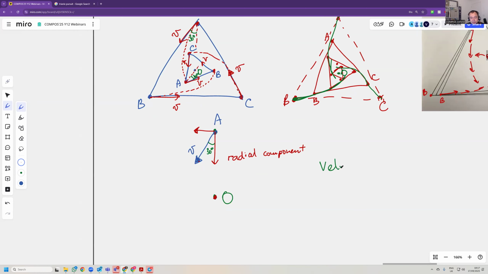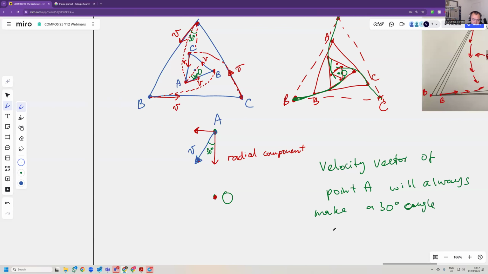So the velocity vector of point A will always make a 30-degree angle with the line OA, AO, it doesn't really matter, with, let's say, vector AO.